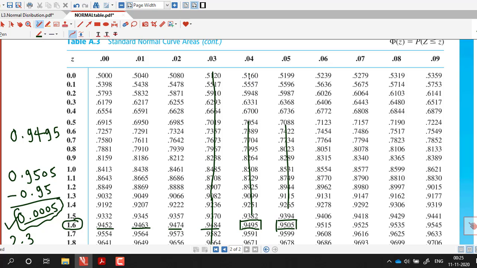We can see here this entry corresponds to 1.6 here in the row and here 0.04. So the entry corresponding to 0.9495 is 1.64 and entry corresponding to 0.9505 is 1.65, and we will take average of these two entries for the required value of z.